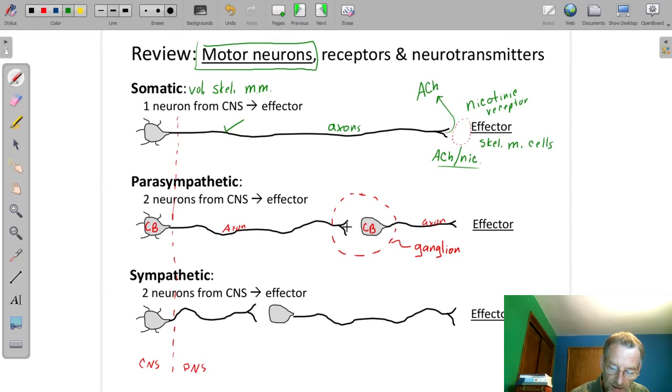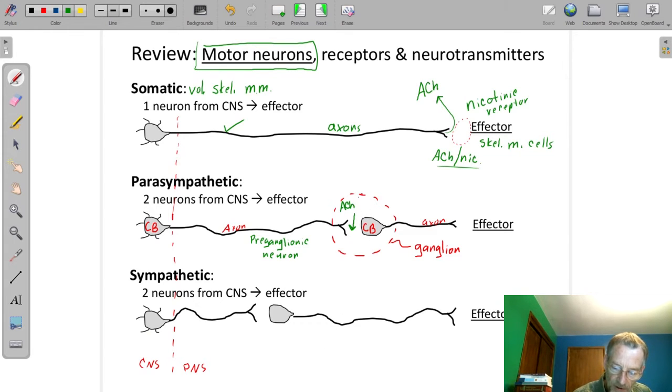So this also would be, I'll just abbreviate now, releasing ACH from the preganglionic neuron. So that's always a cholinergic neuron releasing ACH, acetylcholine.